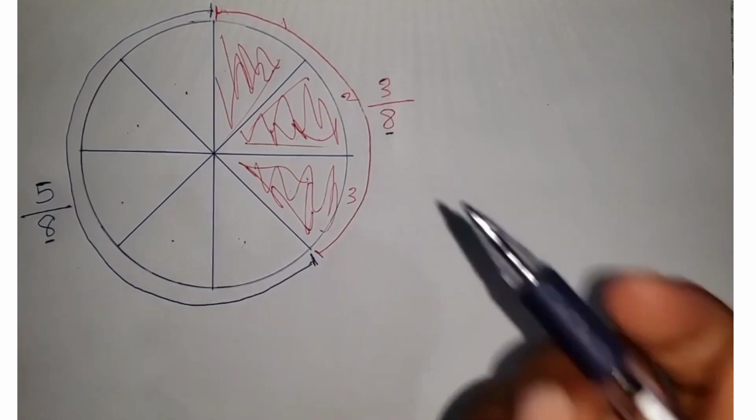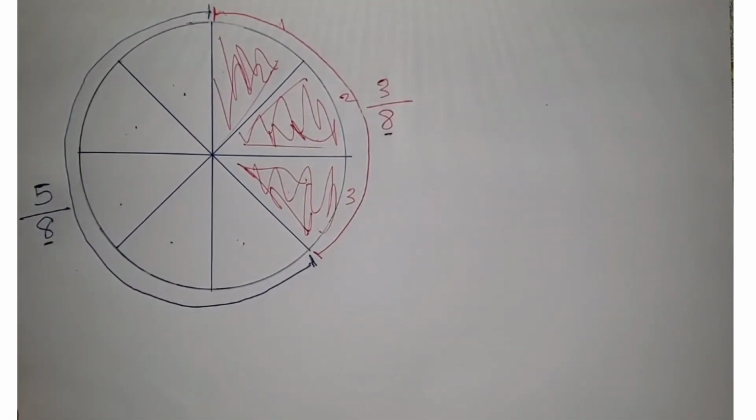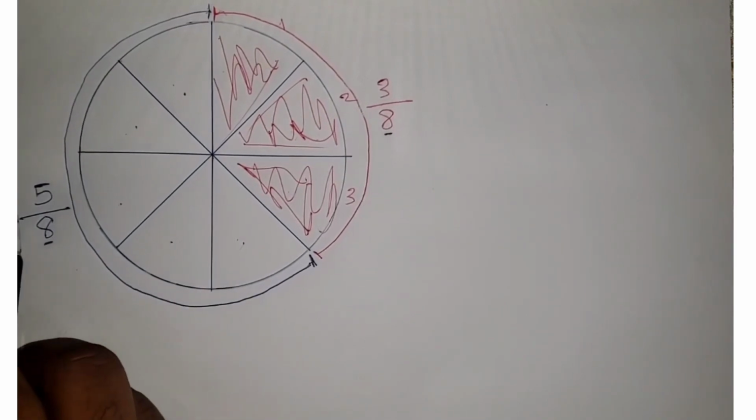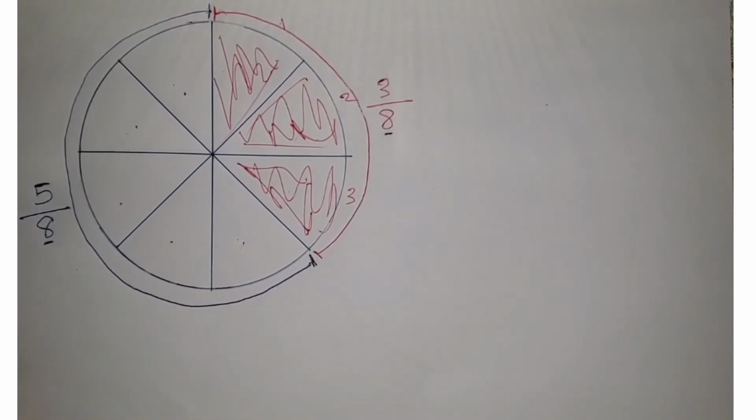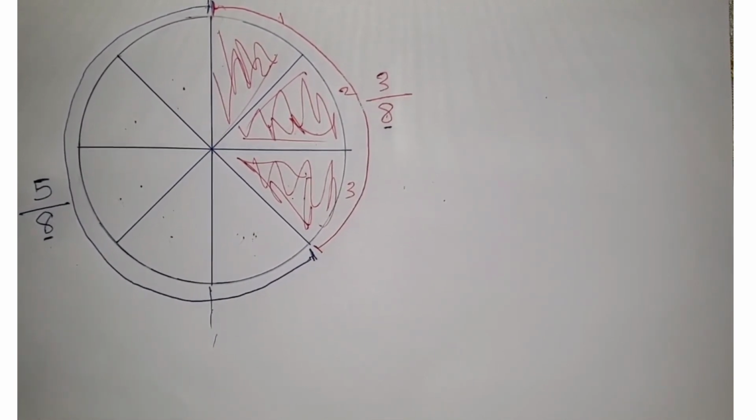So here neighbor has 1, 2, 3 parts and mother has 1, 2, 3, 4, 5 parts. So we know that mother got more.